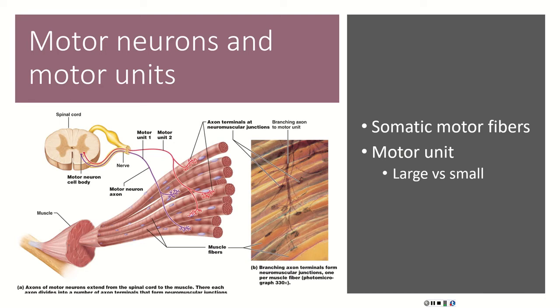Now, when a nerve, which we learned about at the start of this lecture, goes to a muscle, the neurons inside of it branch out, and different neurons will synapse with different muscle cells within that muscle. Here it shows us 2 of them. In reality, there would be many, many of them.